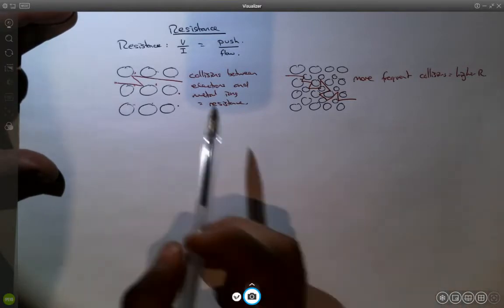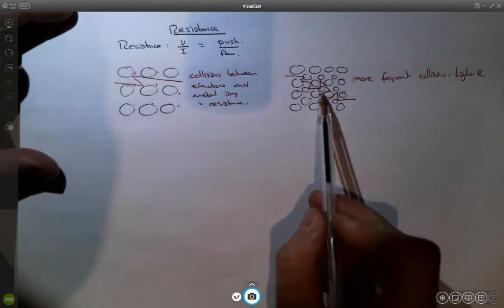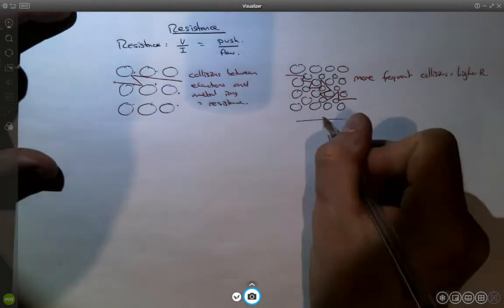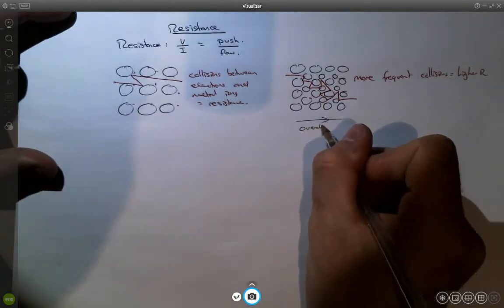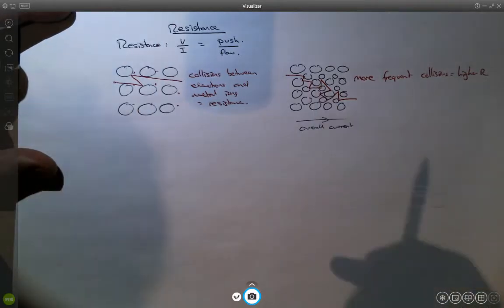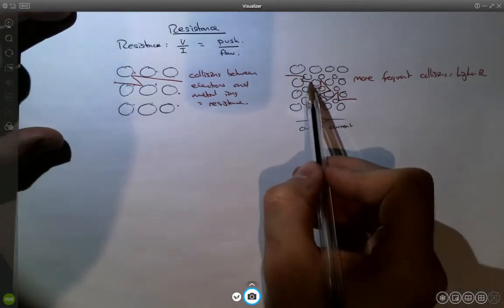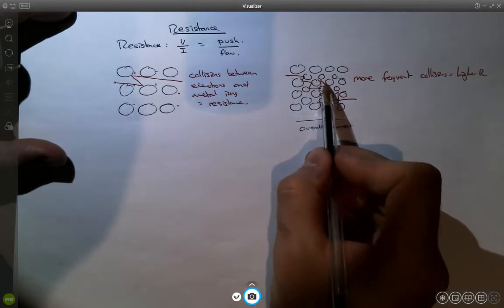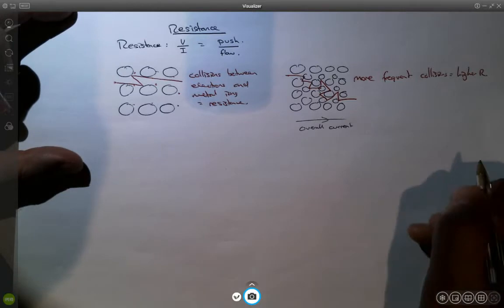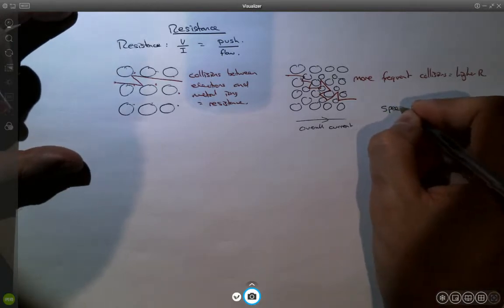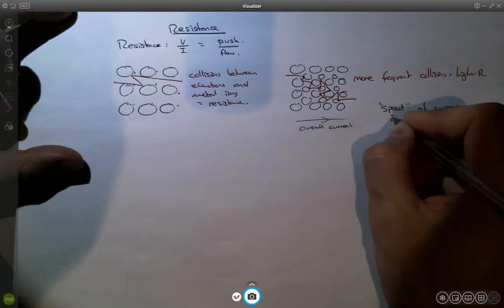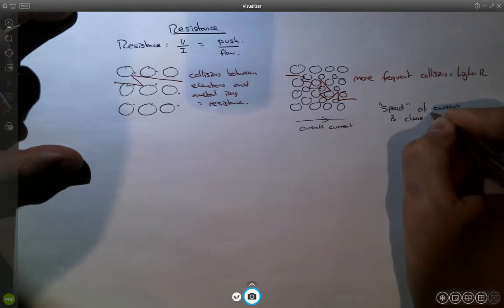It is also important to note that the electrons are going all over the place. They might even go backwards at some point. The overall current will be in one direction, but the individual electrons will actually only move a little bit of distance each time, and they'll be moving in all sorts of directions. What's interesting to note is that the speed of the current is close to the speed of light.